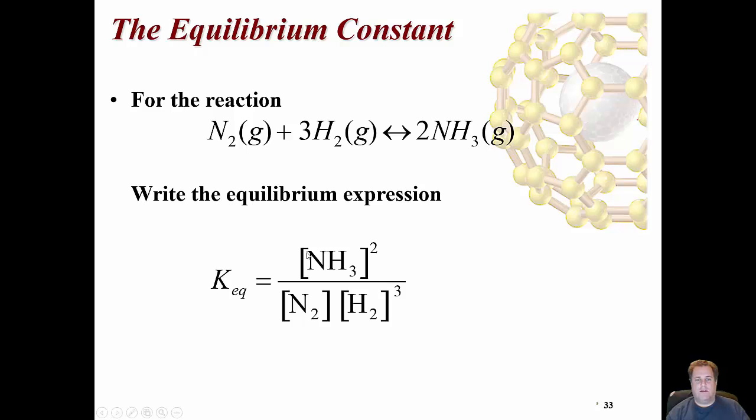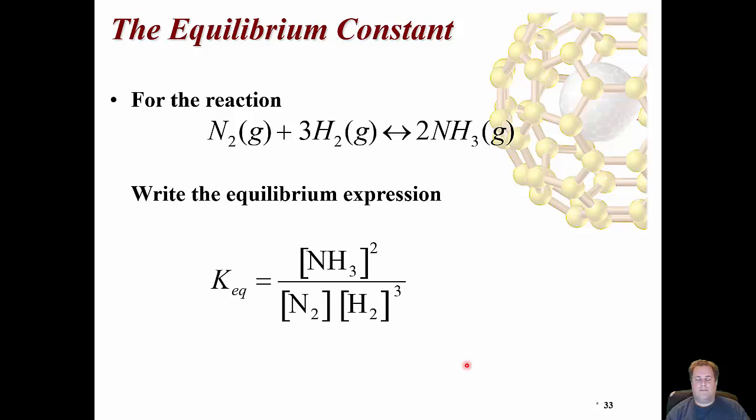These brackets are telling us this is the molarity of NH3, again raised to the second power, which is the coefficient here in the equation. N2 and H2 are reactants, so they're going to go in the denominator. N2 is just first power, or the coefficient is 1, so we just leave it blank, the implied one. H2 is to the third power.